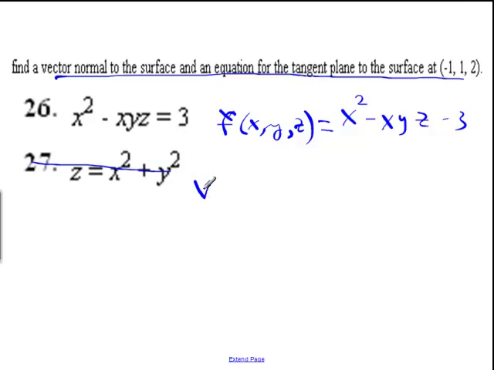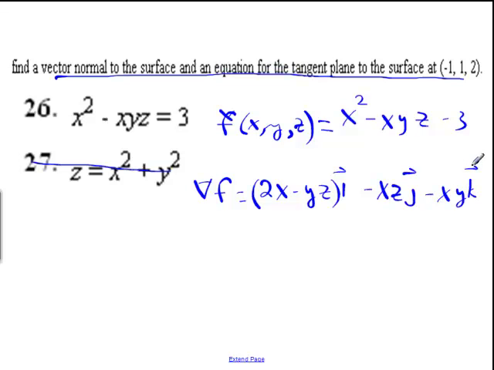So the gradient vector is (2x minus yz) i minus xz j minus xy k. So those are the partial derivatives, and then plugging in the point, this equals negative 2 minus 2 i minus 2 j minus 1 k.